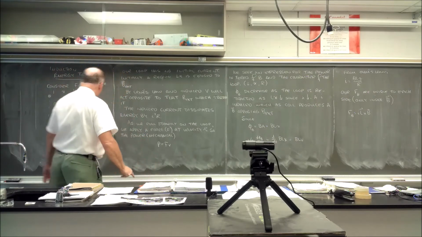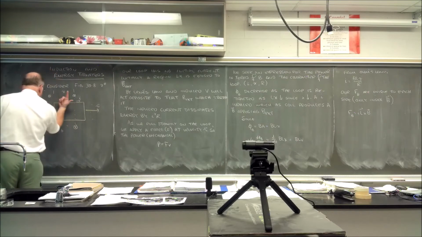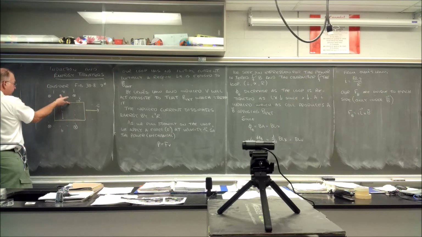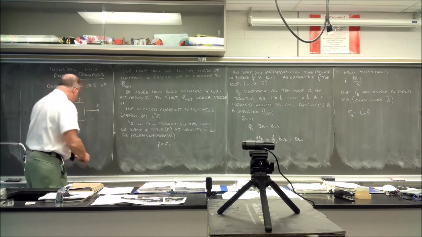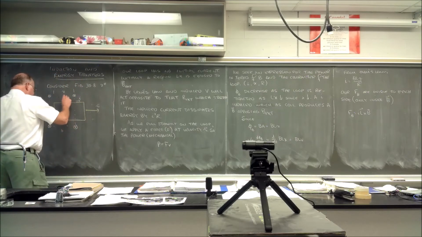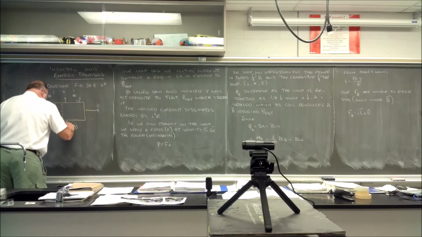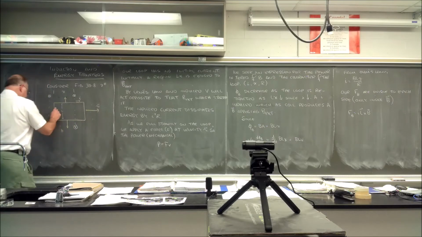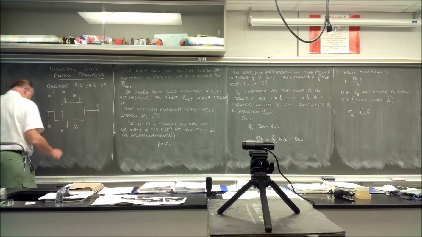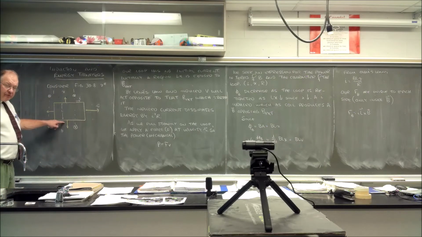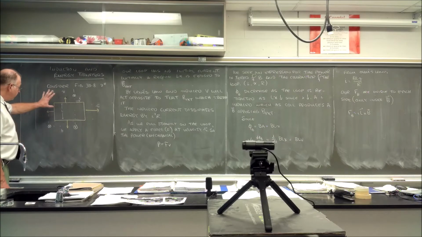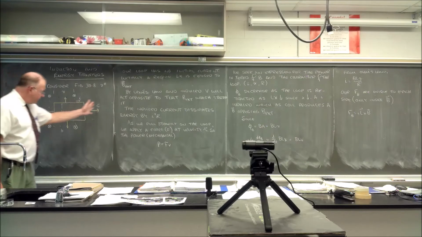So L going this way, B is into the board, so therefore the force, the top one is acting this way, therefore the bottom one is acting this way, and this one will act this way. So the top and the bottom here in this example will cancel. They're going to be the same magnitude, nothing else is different. So we have left only this side to oppose the pull.